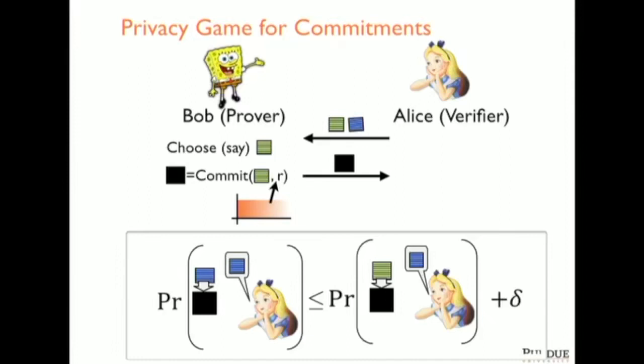Okay? And the key thing that we want is that this delta value in this equation should be negligible, so that he cannot find out which of the two values is committed to, whether it is the green value or the blue value. And that's the thing that we wanted.